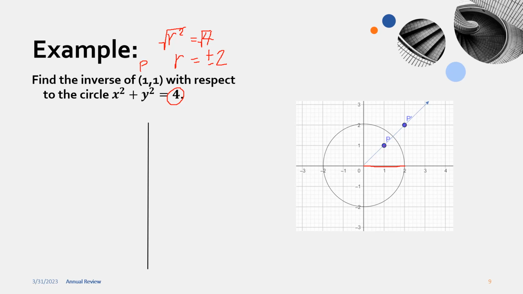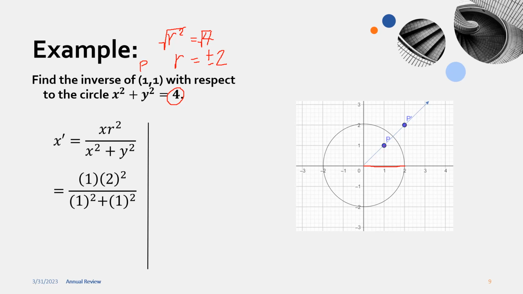Looking back to the formula, x prime is equal to x r, or the radius raised to 2, all over x squared plus y squared. Let us substitute the values. The x value is this one, the coordinate of our P, and our y value is this one. So x is equal to 1.